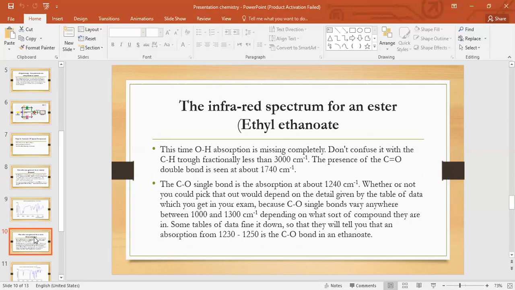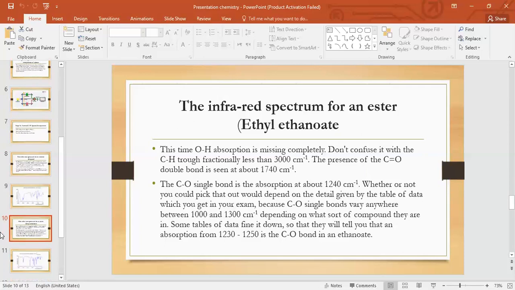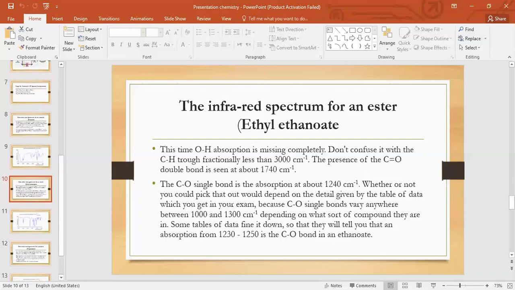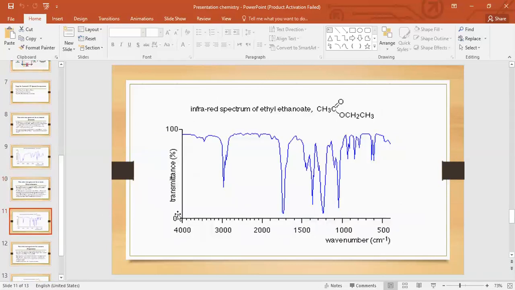Whether or not you could pick that out would depend on the detail given by the table of data which you get in your exam, because C-O single bonds vary anywhere between 1000 and 1300 per centimeter, depending on what sort of compound they are in. Some tables of data will tell you that an absorption from 1230 to 1250 is the C-O bond in an ethanoate. So the graph of ethanoate looks like this, and you can see the absorption is very different from ethanol.